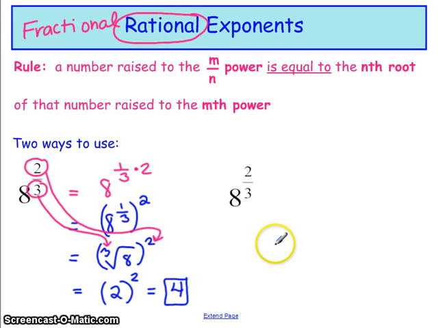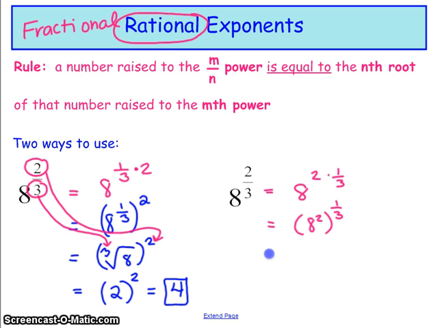Now you could also do this a slightly different way. You could write this as 8 to the 2 times 1/3. So that's still 2/3, since 2/3 is 2 times 1/3. But then what I would do, I would make it 8 squared on the inside and then 1/3 on the outside.